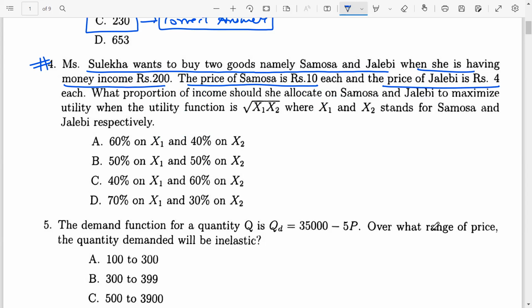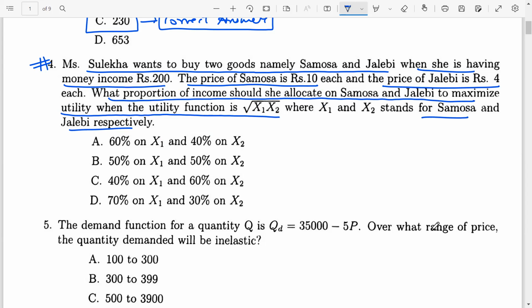The question is asking us what proportion of the income should be allocated on samosa and jalebi to maximize the utility when the utility function is given to us as square root of x1 and x2, where x1 and x2 denote samosa and jalebi respectively. Very easy question of simple utility maximization. It's a Cobb-Douglas function. You can see that.